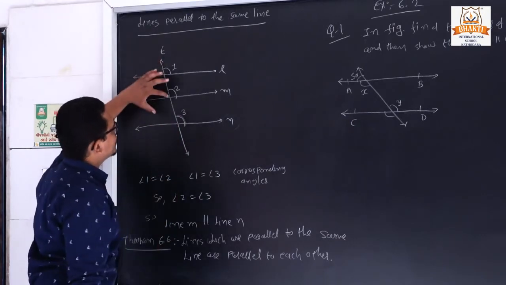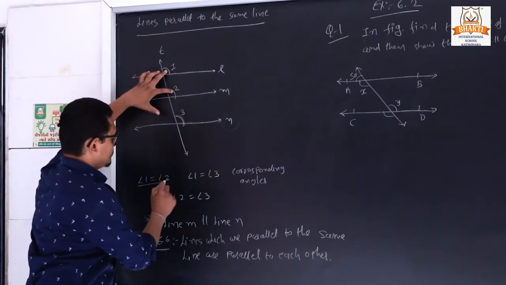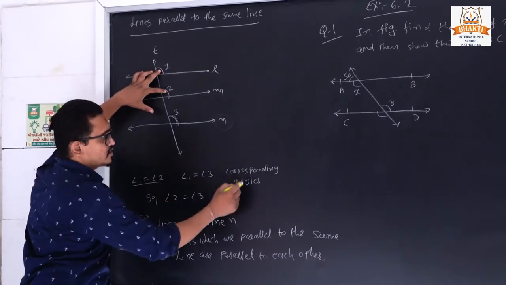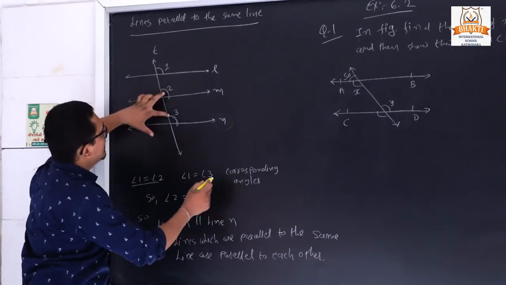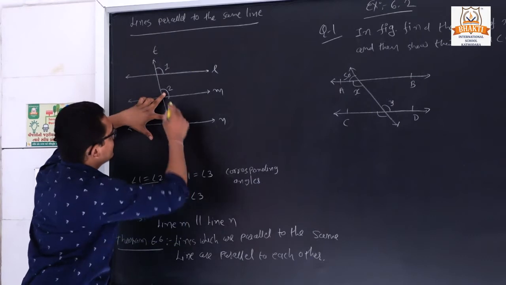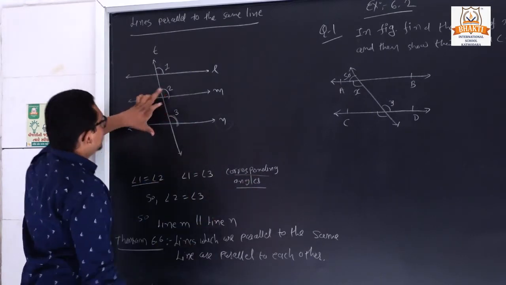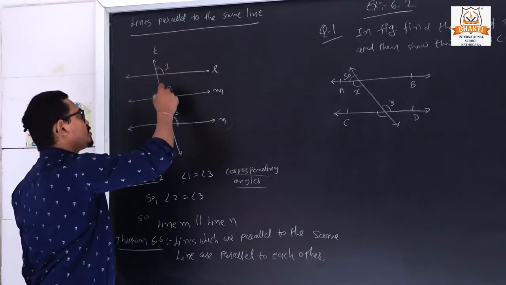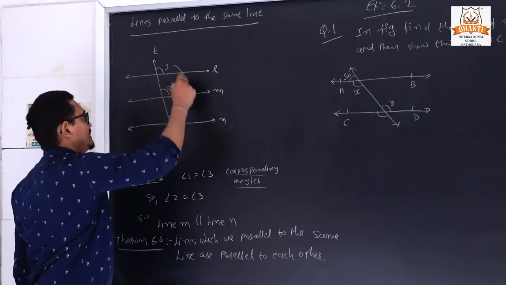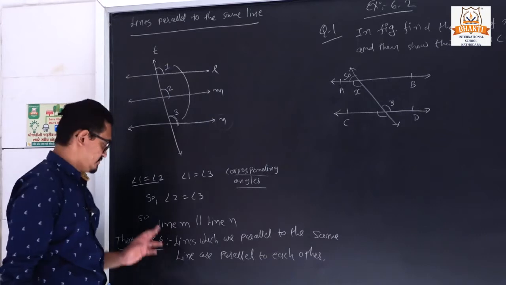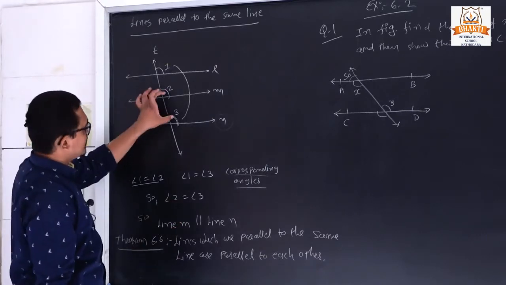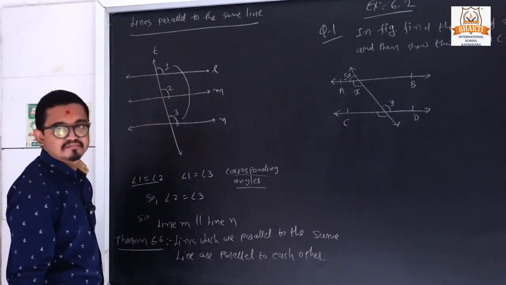So 1 and 2 are equal because they are corresponding angles. Similarly, 2 and 3 are also equal because these are also corresponding angles. So if 1 is equal to 2 and 2 is equal to 3, then 1 and 3 are also equal to each other.